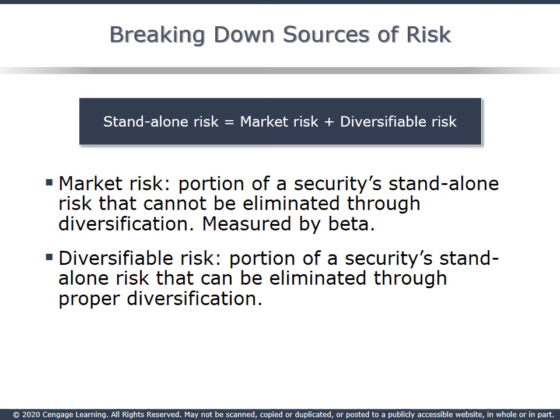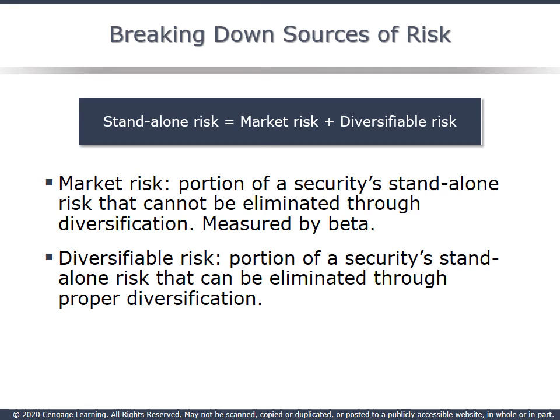Risk is made up of two sources: market risk and diversifiable risk. Market risk is that part of a security's risk that you just can't get rid of. It cannot be eliminated by diversification. You can't eliminate it by holding more stocks or more varied stocks.